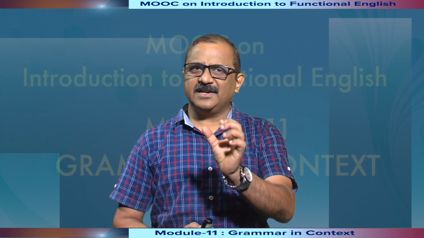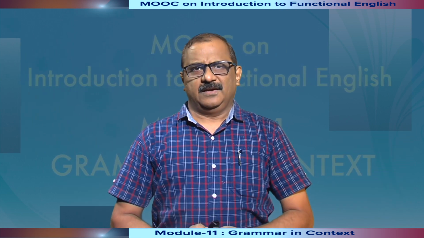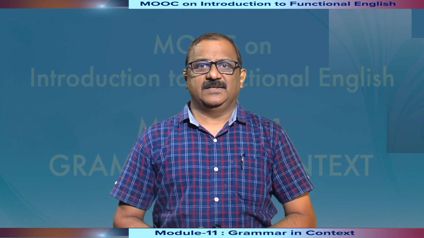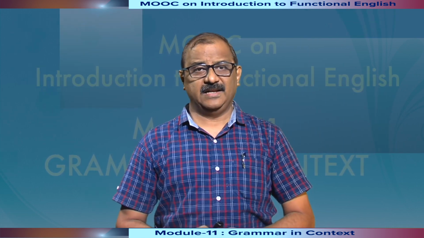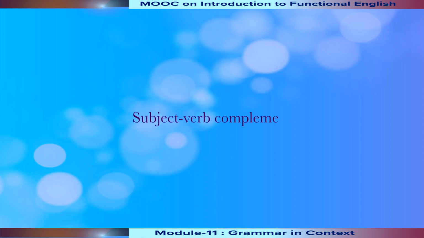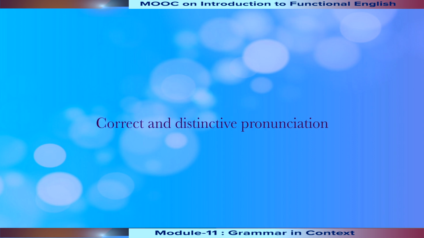So correct spelling is subsumed under what we understand as grammaticality, the consistent use of grammatically correct sentences or utterances. Then another that it subsumes is the subject-verb complement. The next is use of appropriate determiners, prepositions, articles, etc. Then correct and distinctive pronunciation.